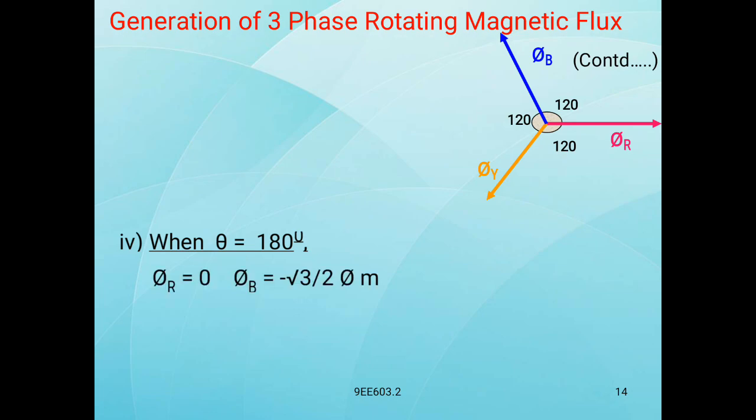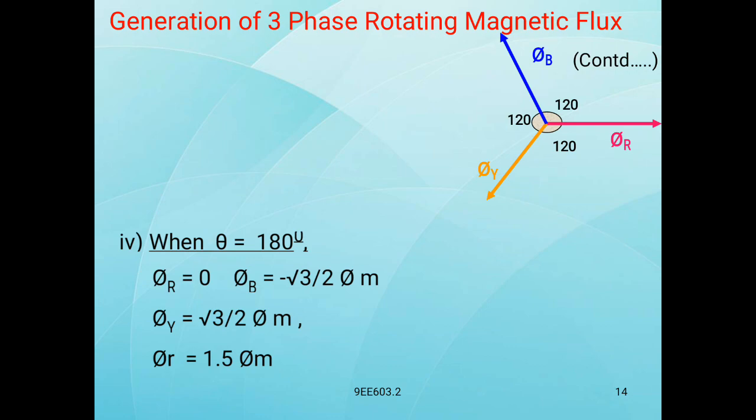Now θ is equal to 180 degrees. φr is equal to 0 and φb is equal to minus √3/2 φm, and next φy is equal to √3/2 φm. So now φr is equal to 1.5 φm.